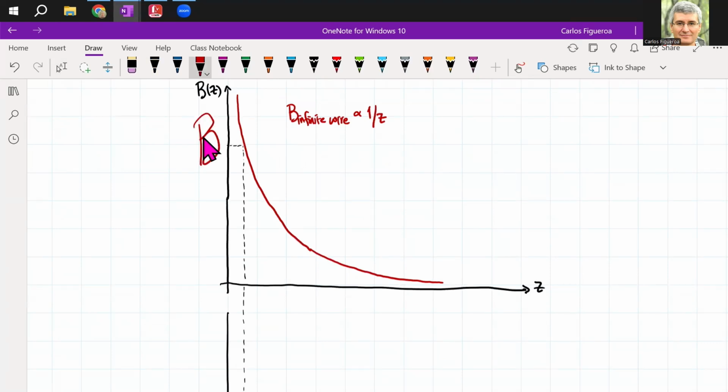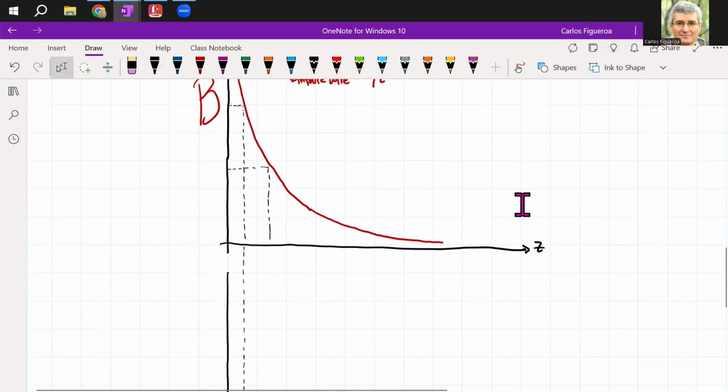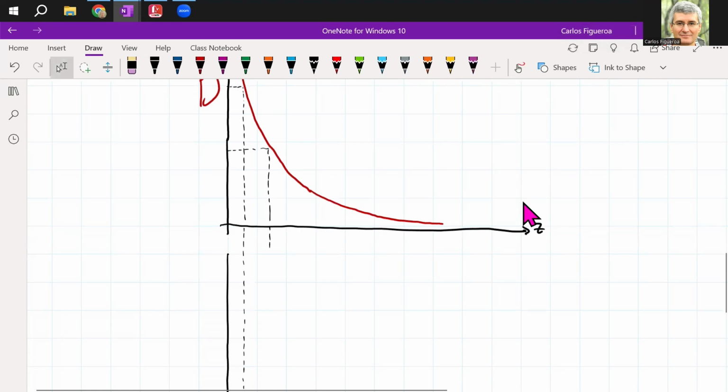But as I get farther away, look what I'm starting to see here. Now, the strength of the magnetic field is starting to drop off.